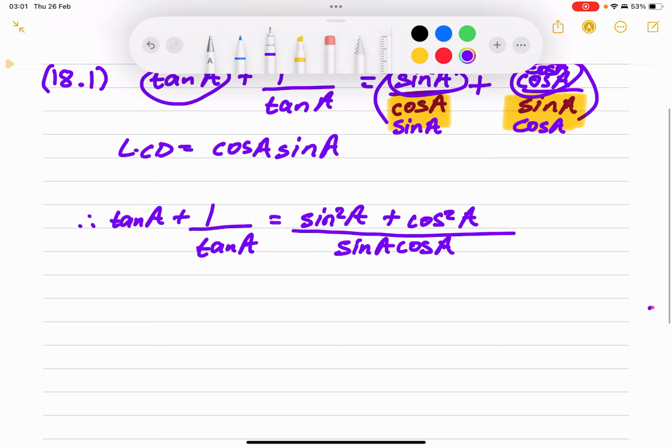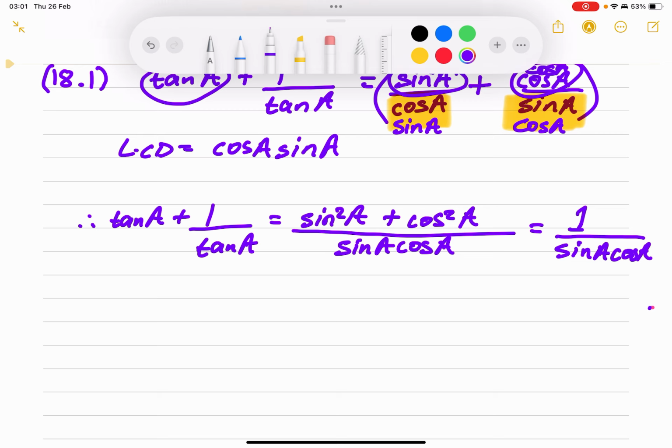And the nice thing is we can see that on top we basically have 1, because applying the Pythagorean identity, sine squared theta plus cos squared theta equals 1. So we have 1 over sine A cos A. And that is, tan A plus 1 over tan A is the same as 1 over sine A cos A.